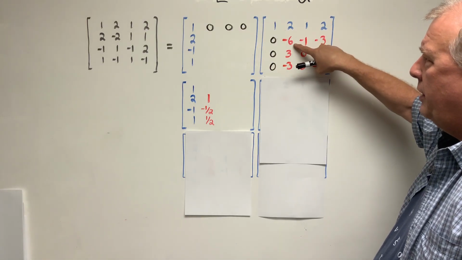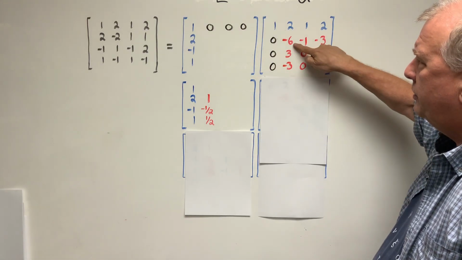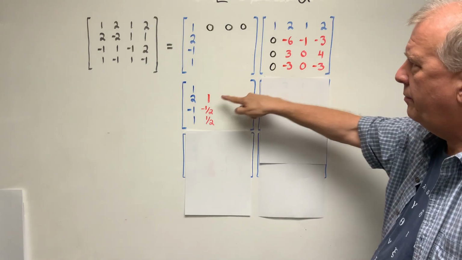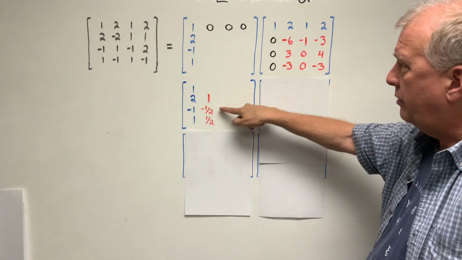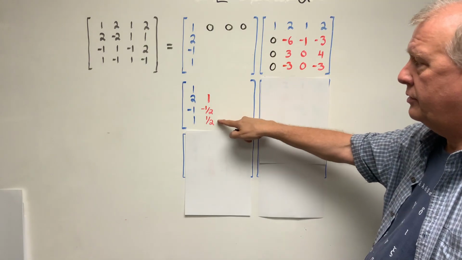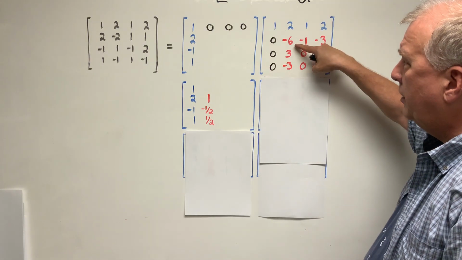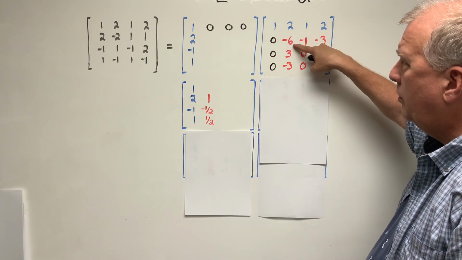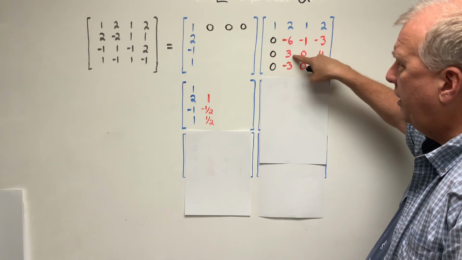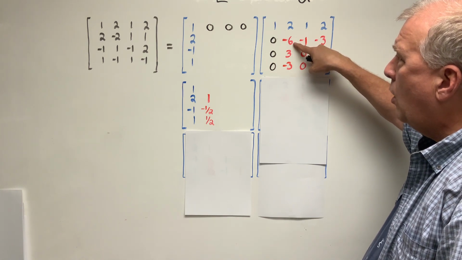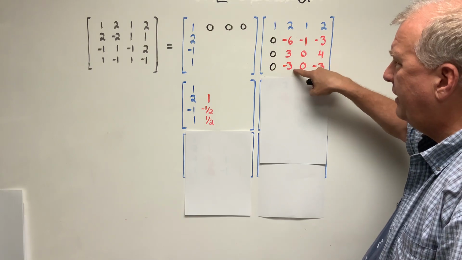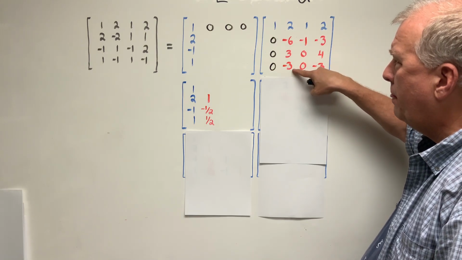I divide by minus 6 three times. Negative 6 divided by negative 6, 1. 3 divided by negative 6, negative 1 half. Negative 3 divided by negative 6, 1 half. The idea is I'm going to multiply this row by 1 half and add to get rid of this 3. I'm going to multiply this row by minus 1 half and add to get rid of this minus 3.